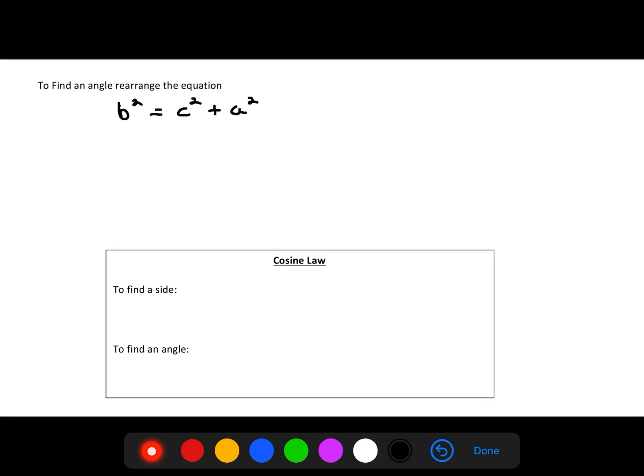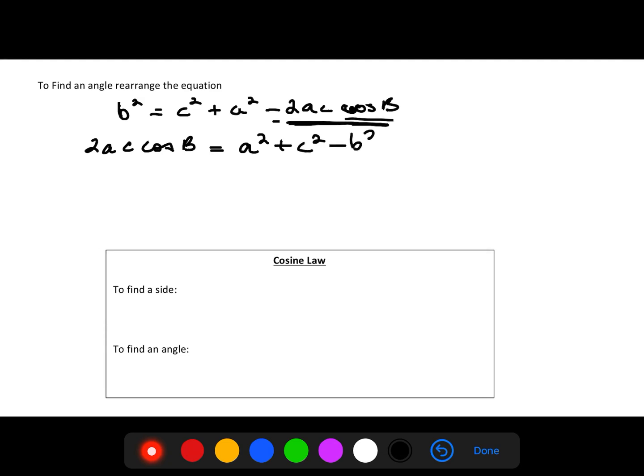So to find an angle, we rearrange the equation. So if we had b squared equals c squared plus a squared minus 2ac cos b, and we want to isolate cos b, well, we're going to bring everything over to the other side that was with this chunk of information because we want to make this a positive.